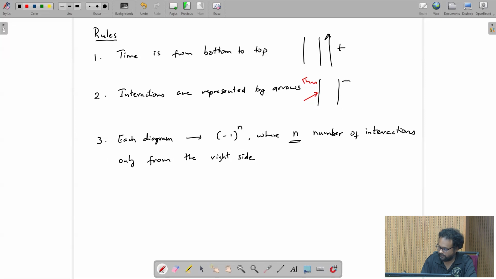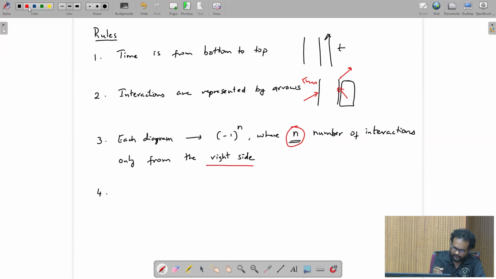Basically, whatever is in this zone. I have this, and I have one, and I have something like that, and it's two, and so on and so forth. So it's only on the right side. Number of interactions on the right side.